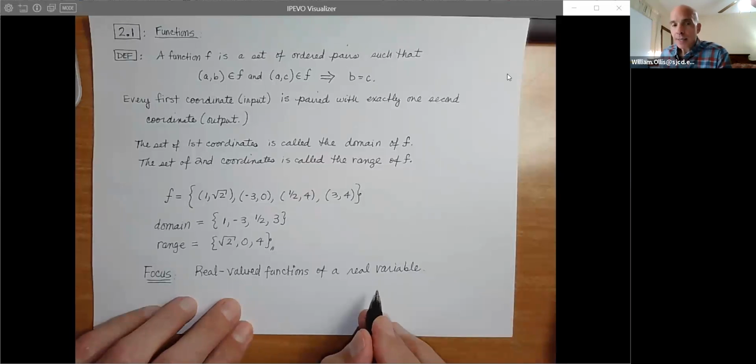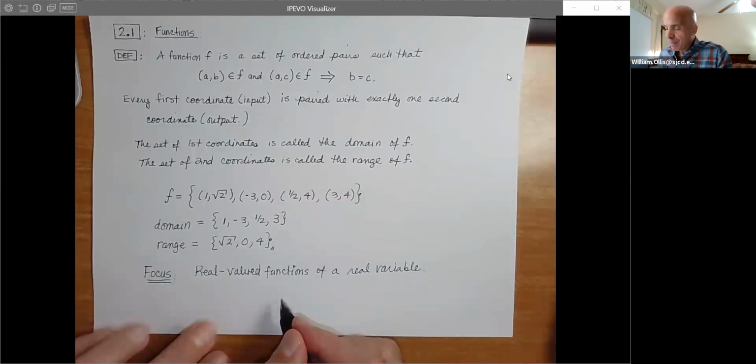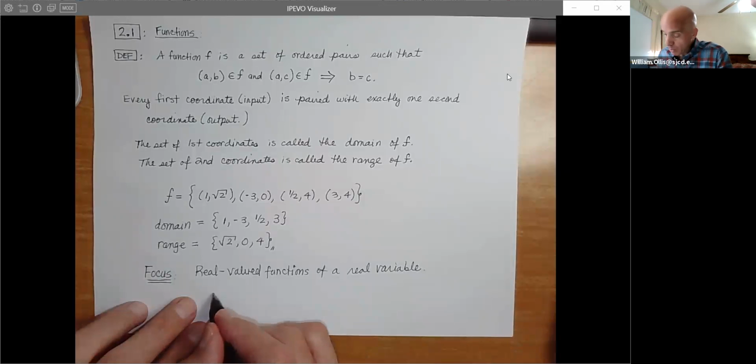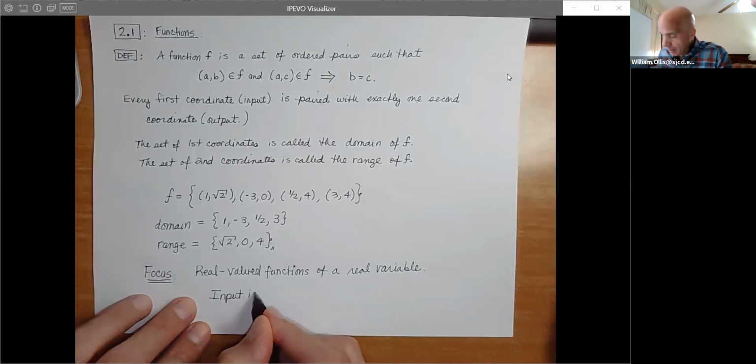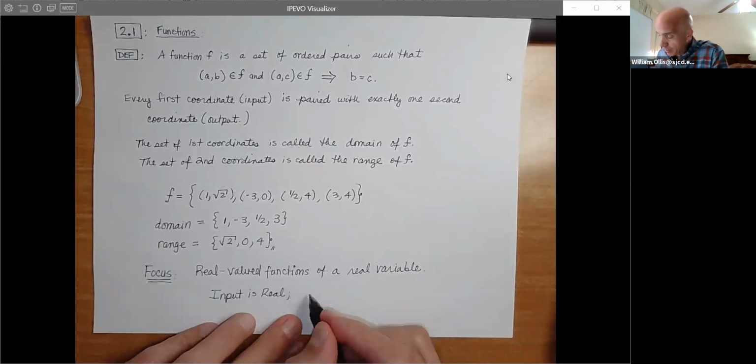So basically, this is going to drive us when we have formulas. That is, we know the input must be real, and we know that the output must be real. So let me just say this: input is real, output is real.